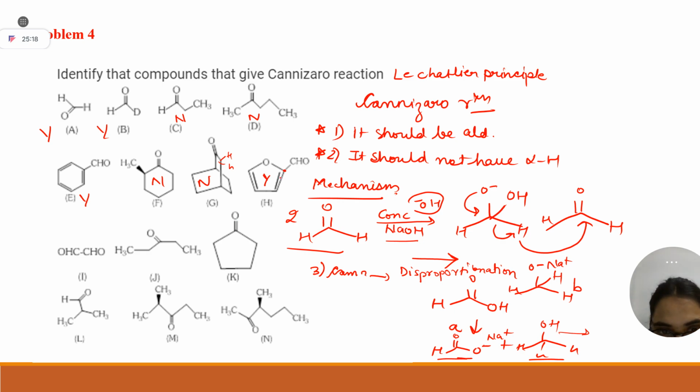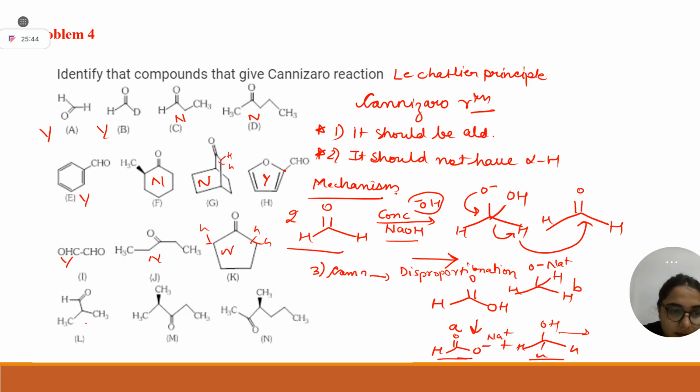See, 1, 2, 3, 4, four valencies are complete, so no alpha hydrogen. I, yes. J, no. K, no, alpha hydrogens are there.